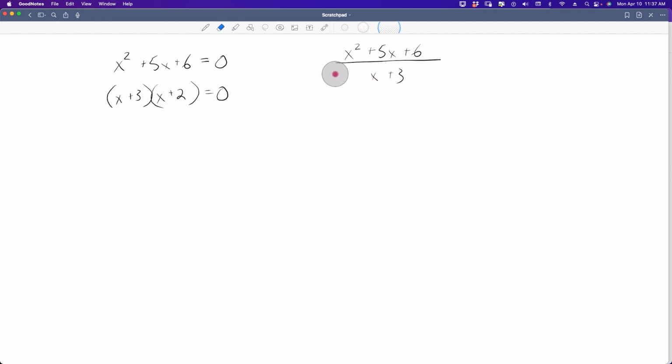Or what if I was asked if negative 3 is a root of this polynomial? Is negative 3 a root of this polynomial?